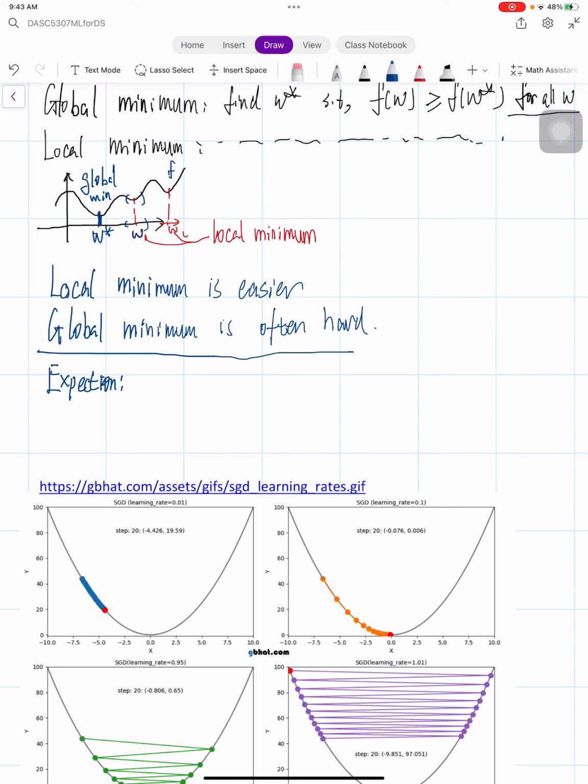Okay, convexity. A convex function always has a global minimum. So what does convex mean?